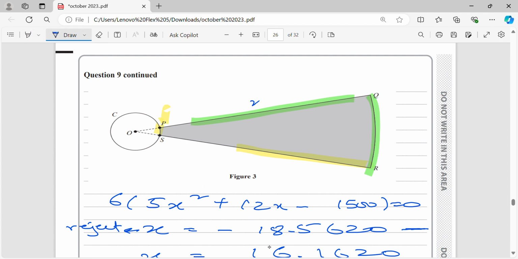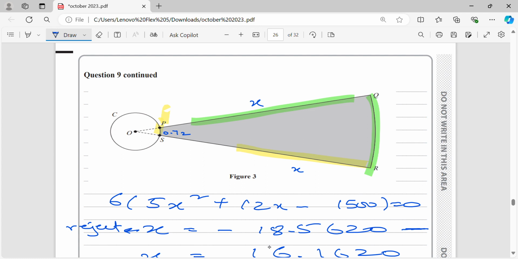Because this is x, and this one is PS, this side is given in the question, and that equals 0.72. Let's label it again. SR is the same. This is x, and we just got x as 16.2.